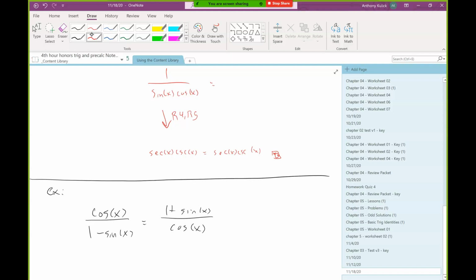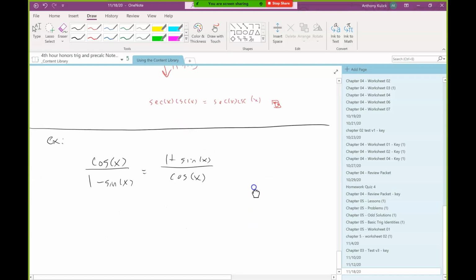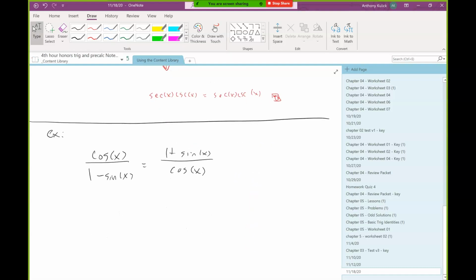Technically speaking, the left side is more complicated than the right side because you have the sum or difference in the denominator, which is a little bit more complicated to deal with than the sum or difference in the numerator. So that's the one that I'm going to choose to work with, but it would easily work, you know, it wouldn't be much different if you chose to use the right-hand side.